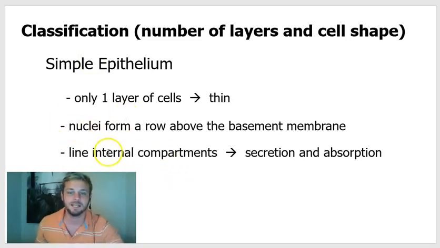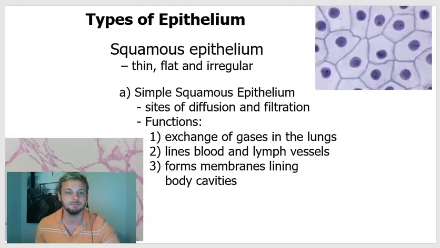You see these lining internal compartments, so a lot of the membranes, like your parietal peritoneum, will be a simple epithelium. The lining of the blood vessels is a simple epithelium. And also in things that need to secrete and absorb, so in the alveoli of the lungs, you have one layer of simple squamous epithelium.